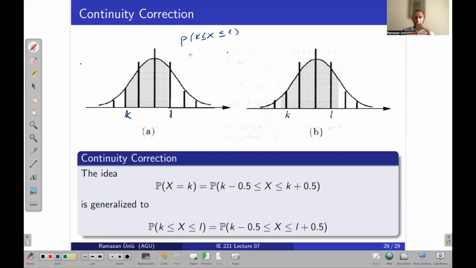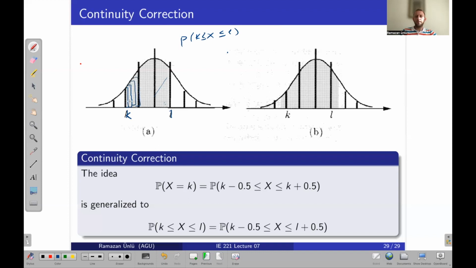If this is continuous, it's easy, I can just calculate all this area. But if it is discrete and I approximate it, I will fill all this area with some tiny rectangles, okay? Like that.